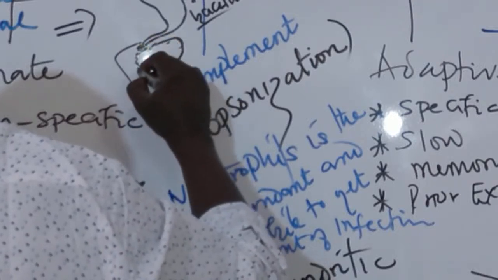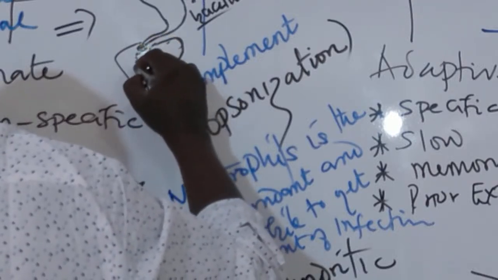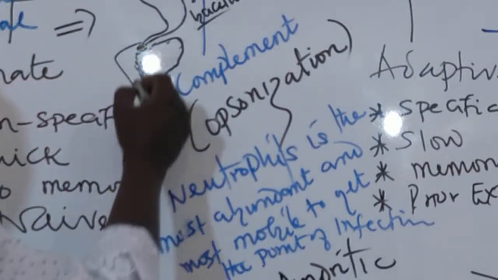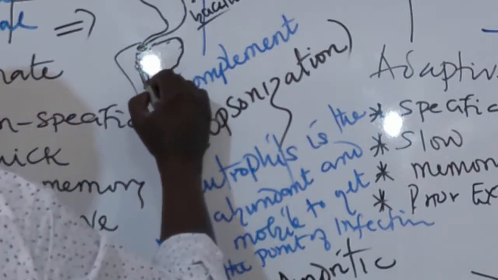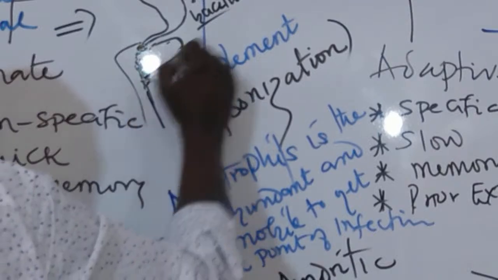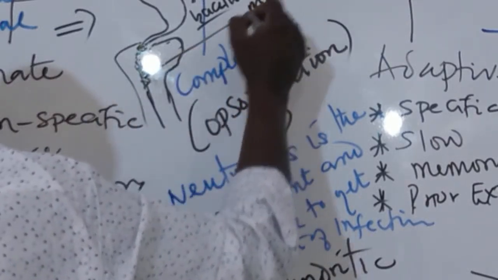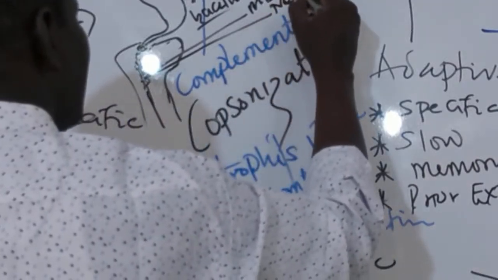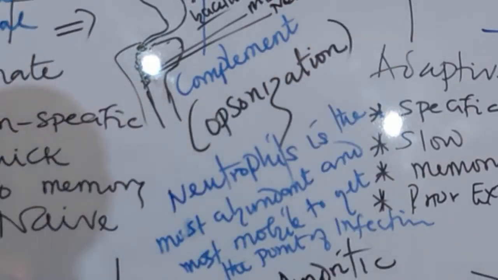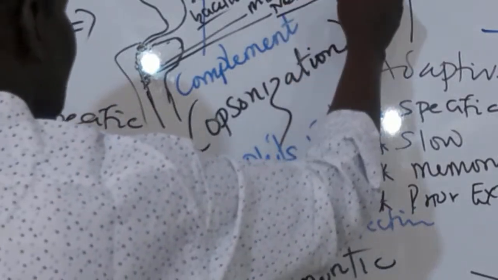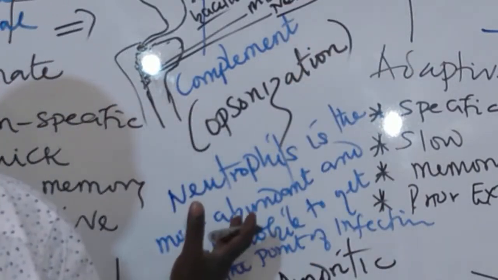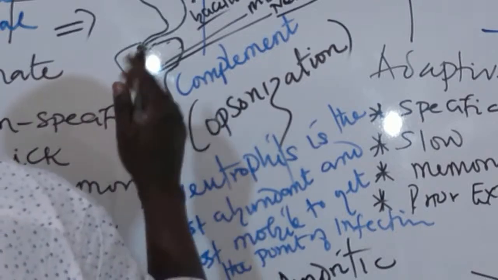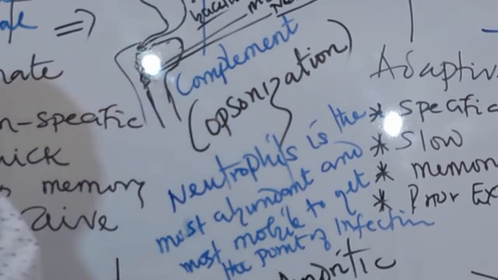Immediately it is getting into this place, don't forget what I said, the first that will be notified. Here you have the presence of macrophages. You also have neutrophils being present. So immediately what is going to happen is that neutrophils will be the first to get to the point of that mycobacterium infection.